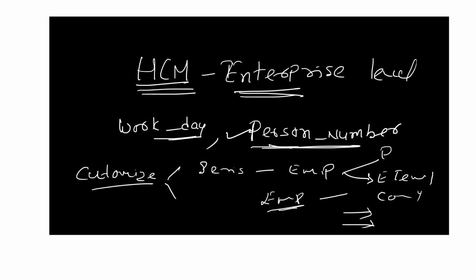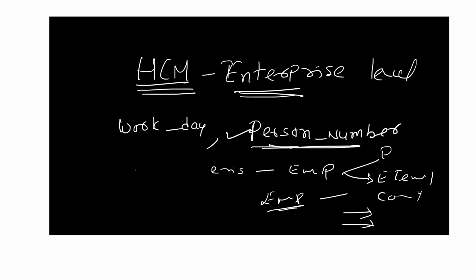We can do that in ERP, which is an on-prem application, but in cloud application it is not possible. So Oracle has come out with the concept that the person number will be generated, and that too with options.